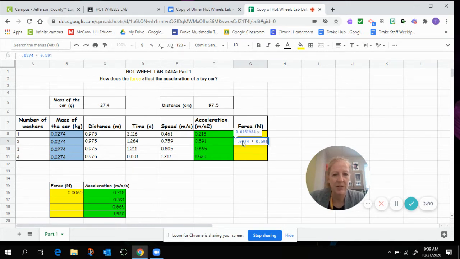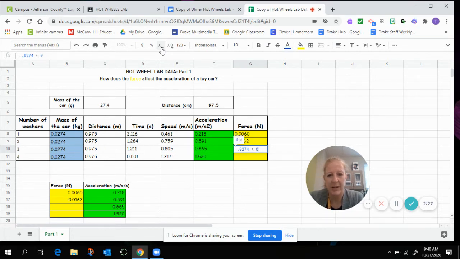So I multiply those out, and I get 0.101619. Again, I don't want all those decimal places, so I'm going to decrease the decimal places down to 4 again. I continue that same process for all of the other values, until I have all of the forces for my Part 1 data.